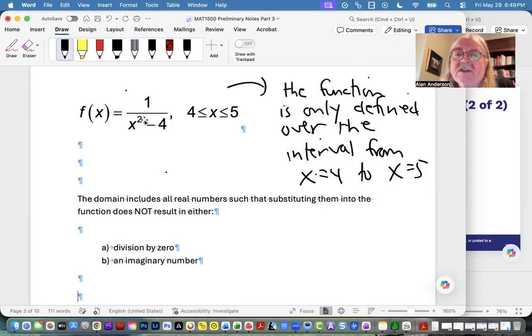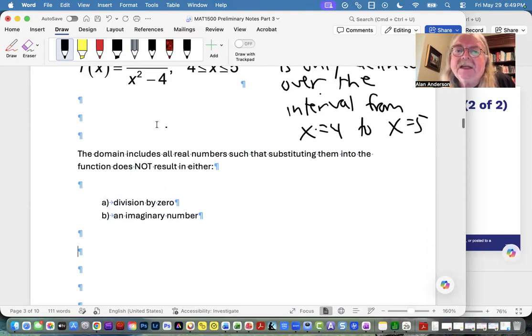So in other words, we're trying to avoid any situations where an x will lead to a problem. Now here you can see for yourselves, this is where we're going with this function. There's two values of x that would cause division by zero. Okay, well, let's see why.